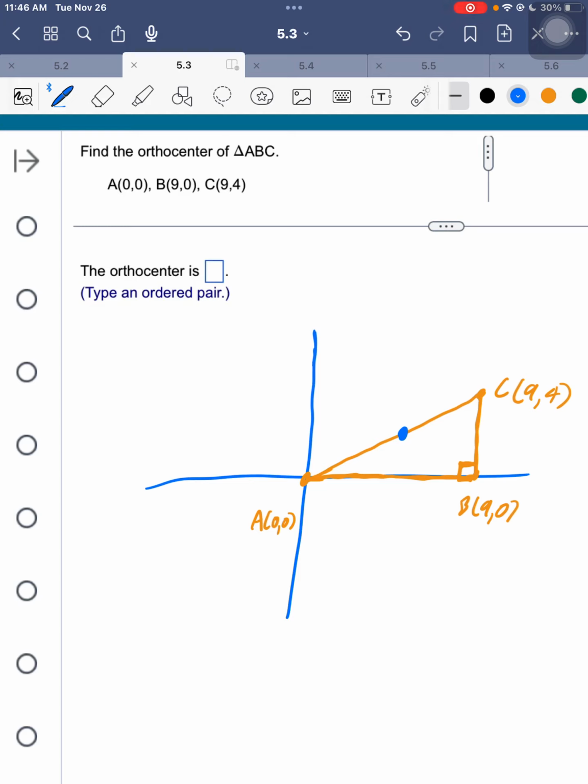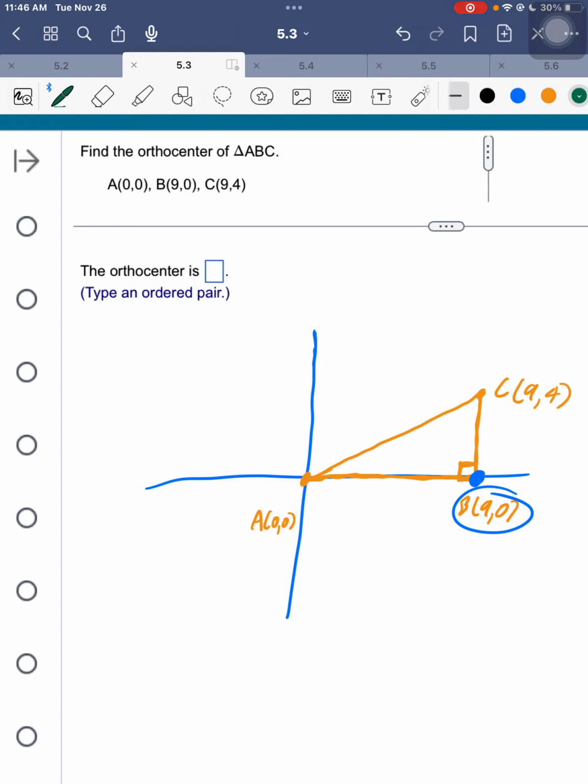I'm so sorry, I'm trying to think of the best way to say it. Your orthocenter is the vertex that contains your 90-degree angle. So I already know my orthocenter is going to be 9, 0. This is my orthocenter. But let's see why it is the case.